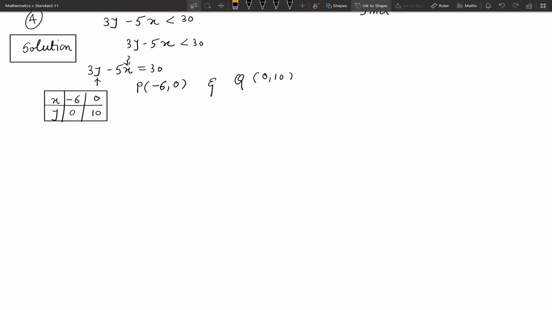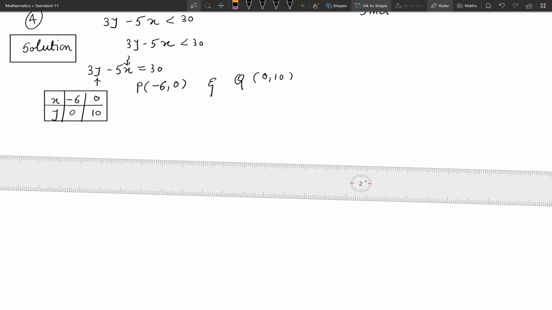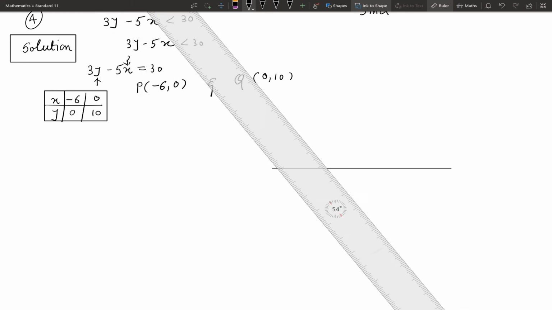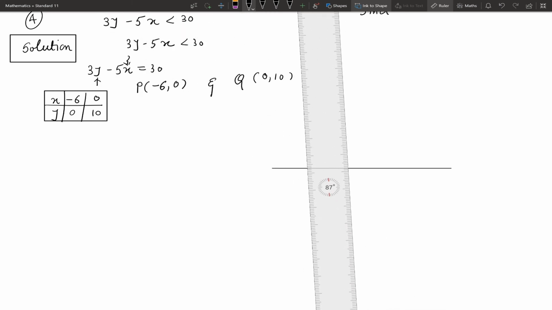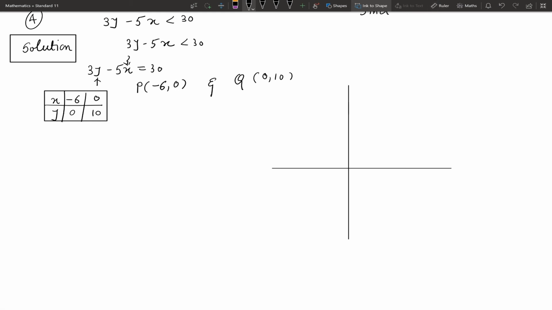This is the x axis, y axis. We have to take the point P(-6, 0): 1, 2, 3, 4, 5.